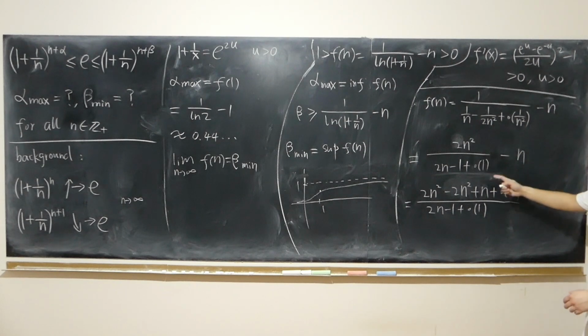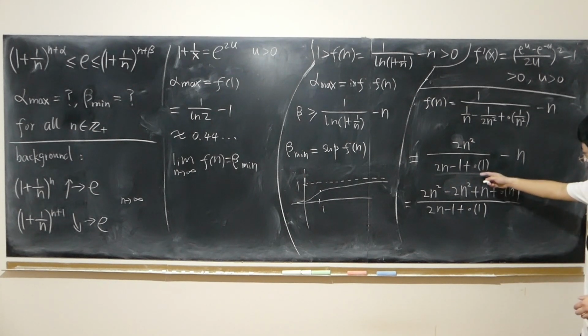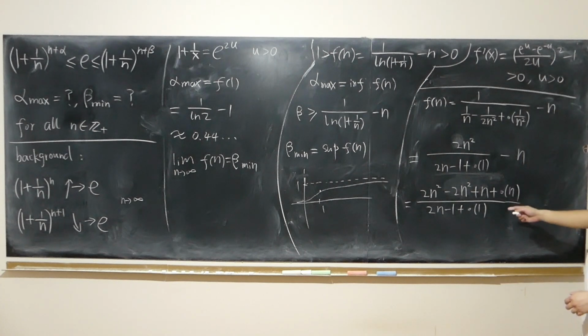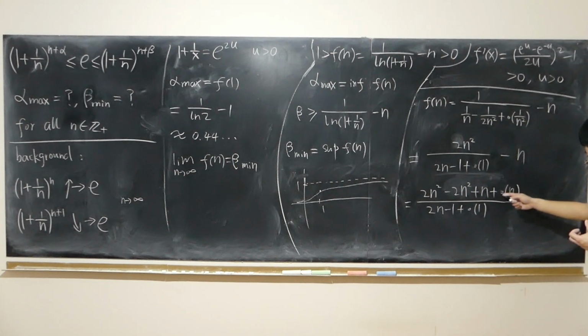Little o of 1 times negative n, this becomes plus. It's the same thing. That's easily verifiable. The reason is that little o is a sequence that's approaching 0, but that sequence is not unique. Just imagine it's some sequence approaching 0, not unique.